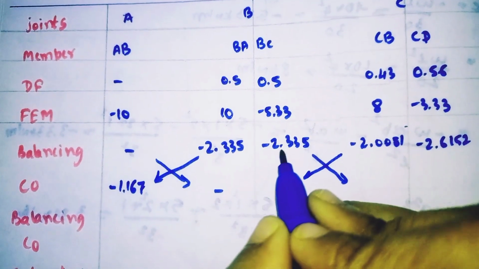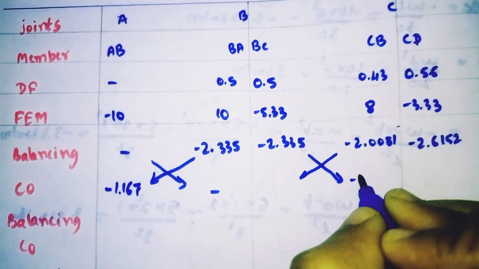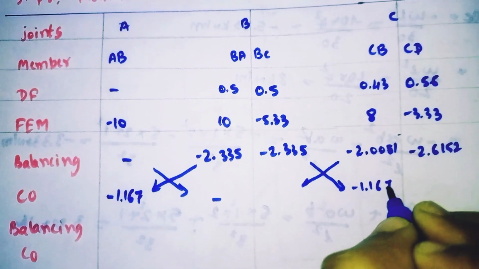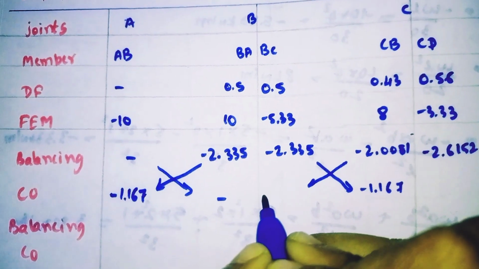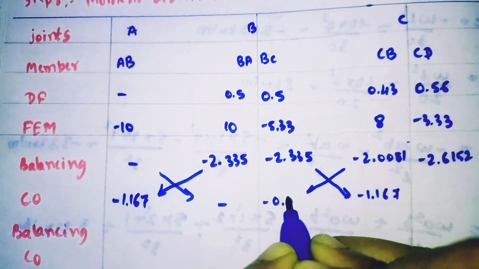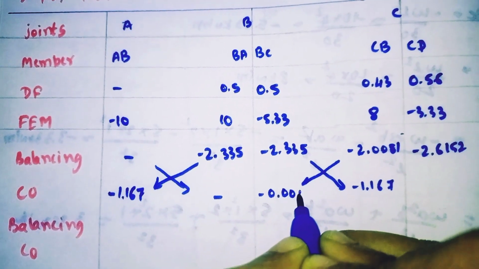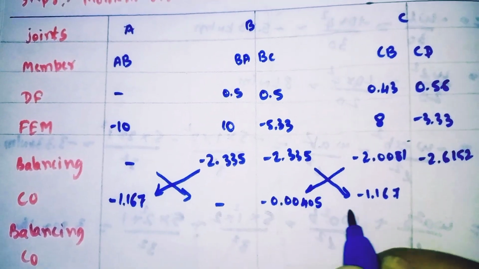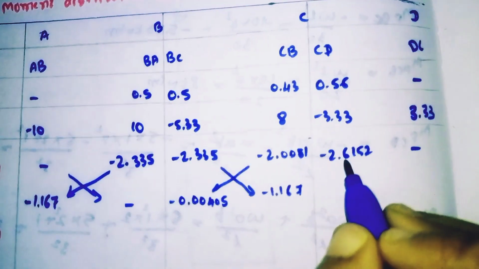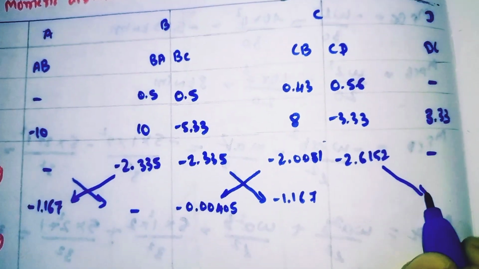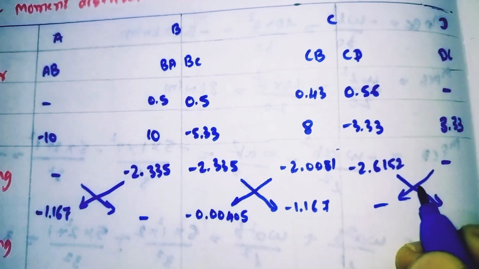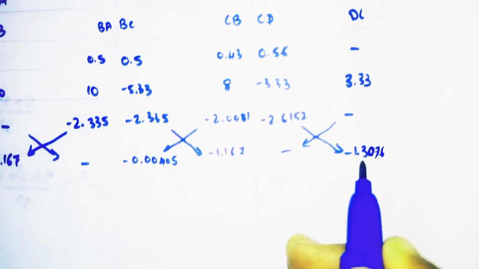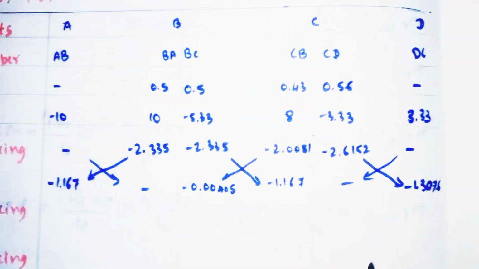Minus 2.335 gives minus 1.167, and minus 2.0081 gives minus 1.004. And here also, send it to the opposite side: minus 2.6152 gives 1.3076.